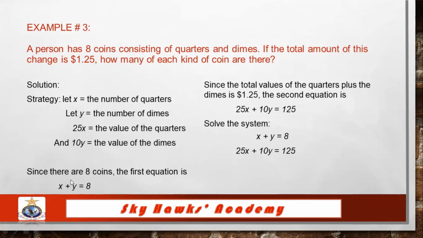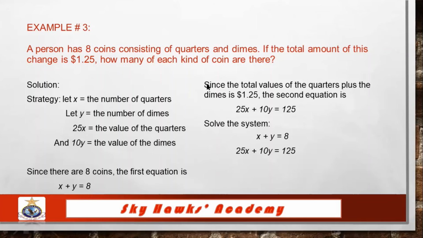Putting the quarters and the dimes together, you must get 8. This is the number of coins of quarters, and that is the number of coins of dimes. Putting them together, you must get 8 because originally he has 8 coins. So x plus y is equal to 8.